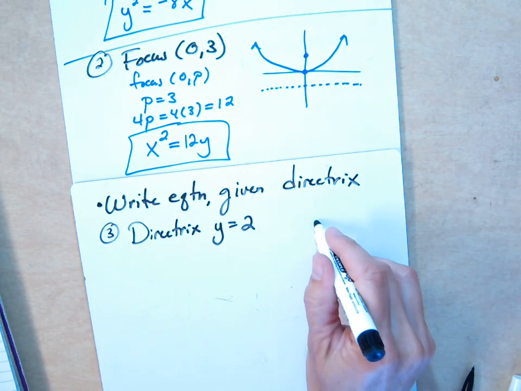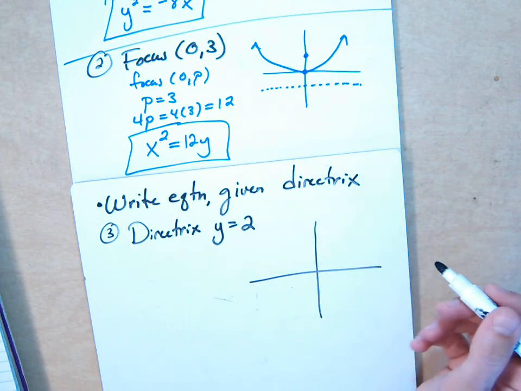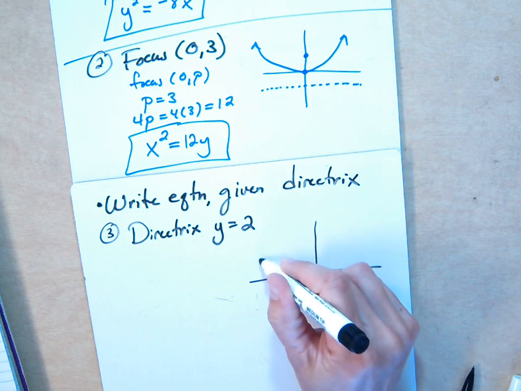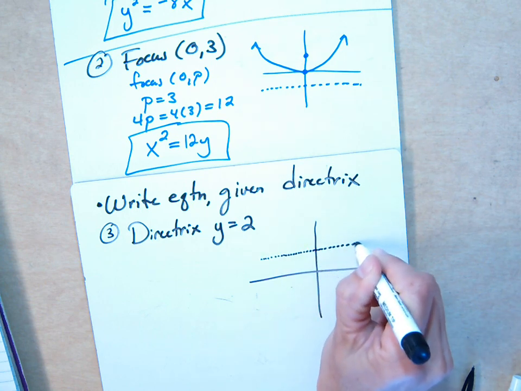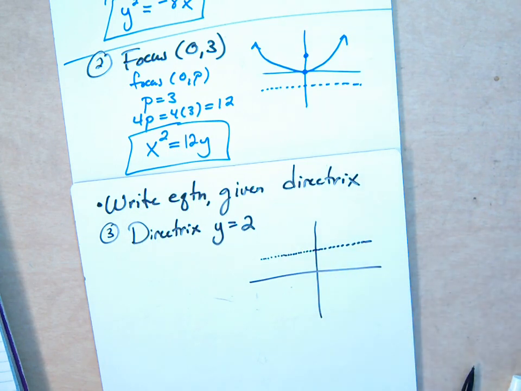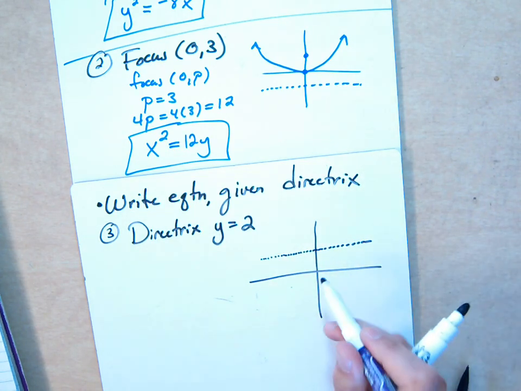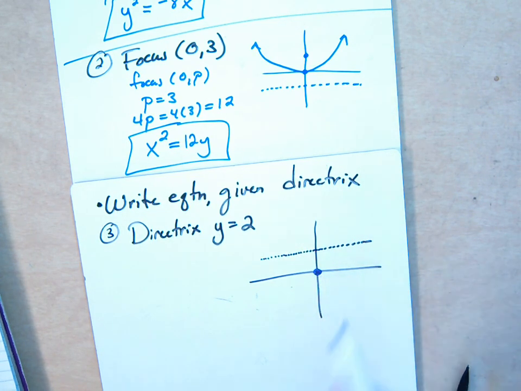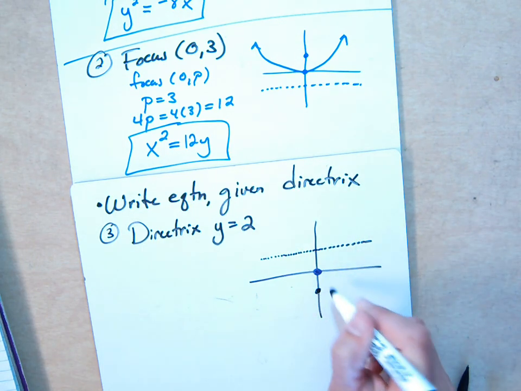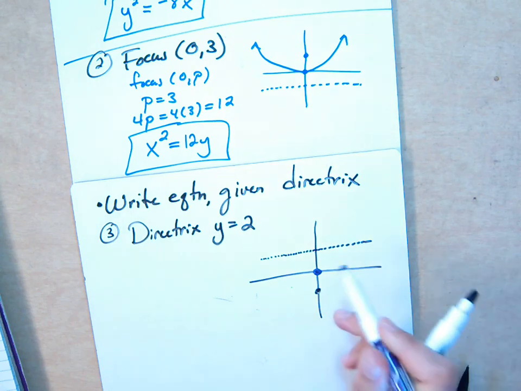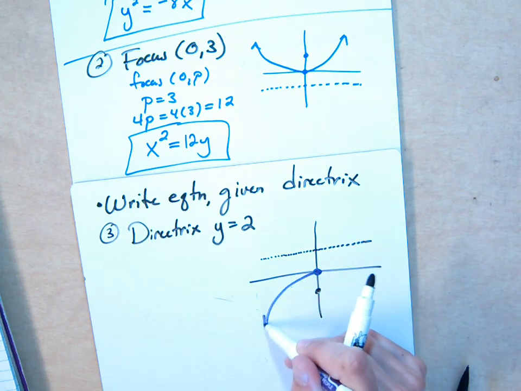You're going to sketch it anyway, so let's start by sketching it. That means the directrix is a horizontal line. You should know y equals 2 is a horizontal line. The vertex of your parabola is at 0, 0, because they all are, and the focus point is on the other side, equidistant. So you know it opens down.